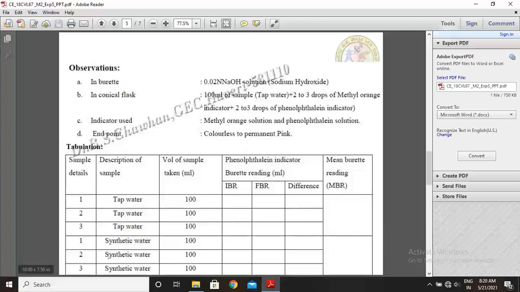Here you do 3 trials with tap water, each 100 ml, and similarly 3 trials with synthetic water and do the titrations. Then you take the mean value, that is MBR.